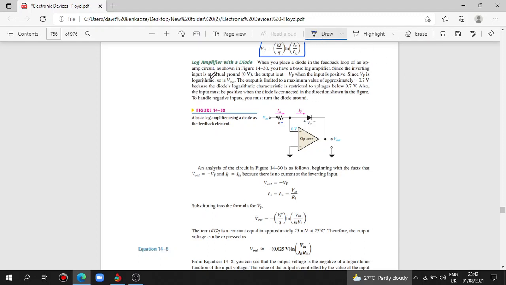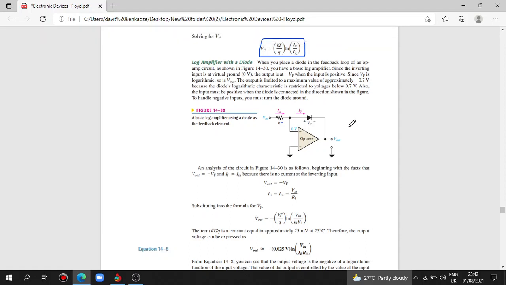Since the inverting input is at virtual ground, the output is at minus Vf when the input is positive. Minus Vf.